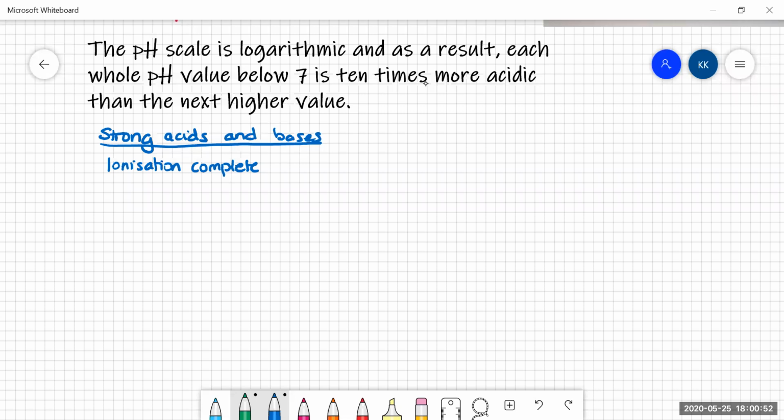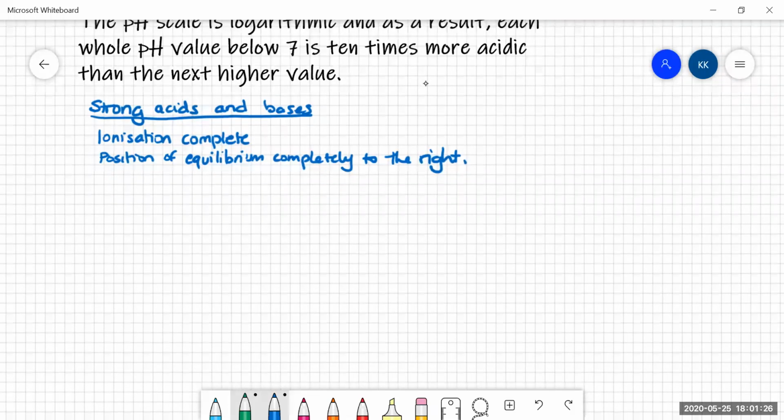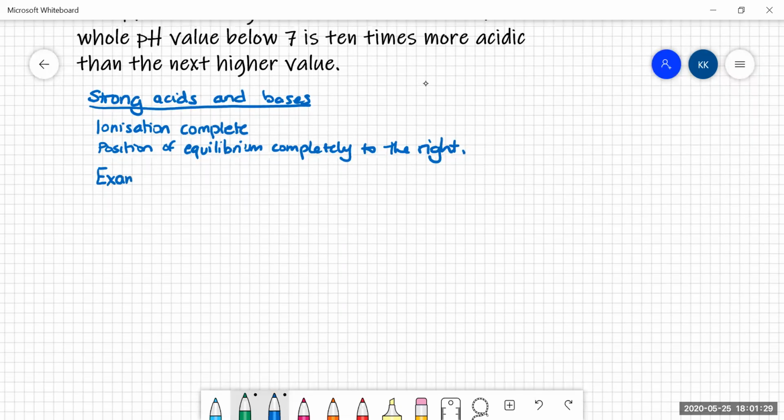It wouldn't be that way in reality. We assume the position of equilibrium is all the way over to the right. So we'll do a monoprotic and a diprotic, and I think you'll be able to work the triprotic out from there.